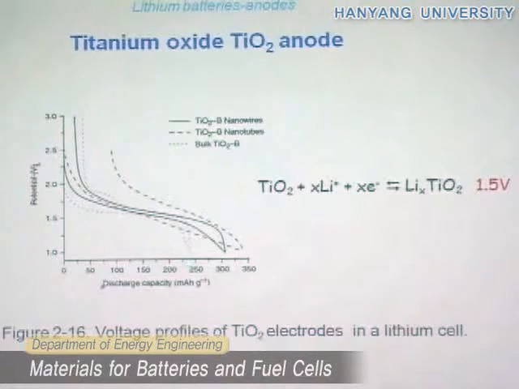You see that we have a limited capacity and some hysteresis between charge and discharge, typically indicating some kinetic limitations.